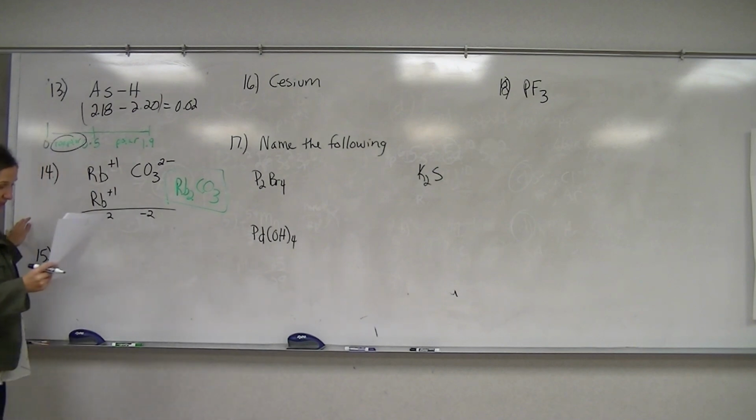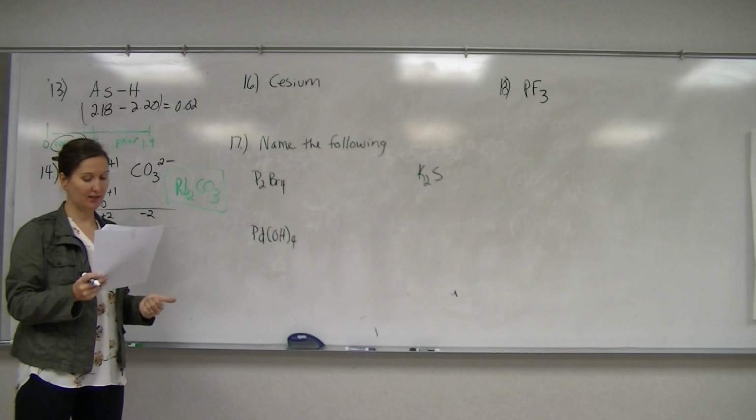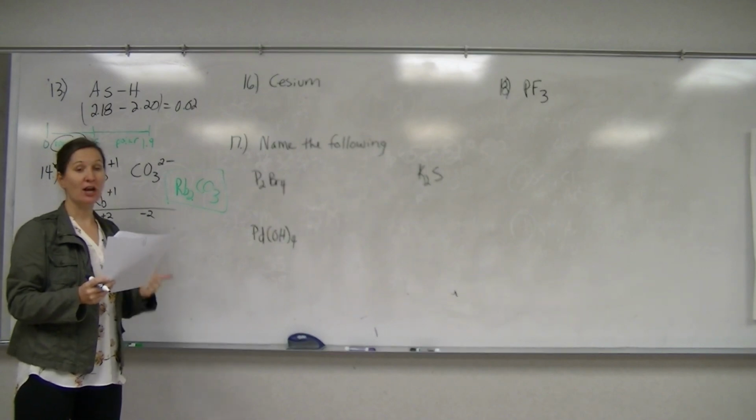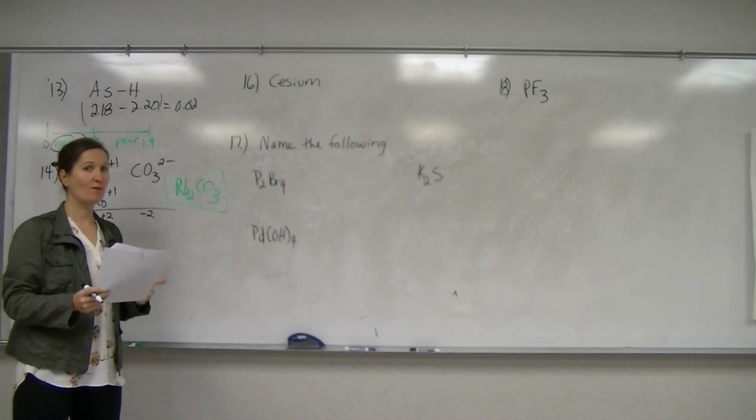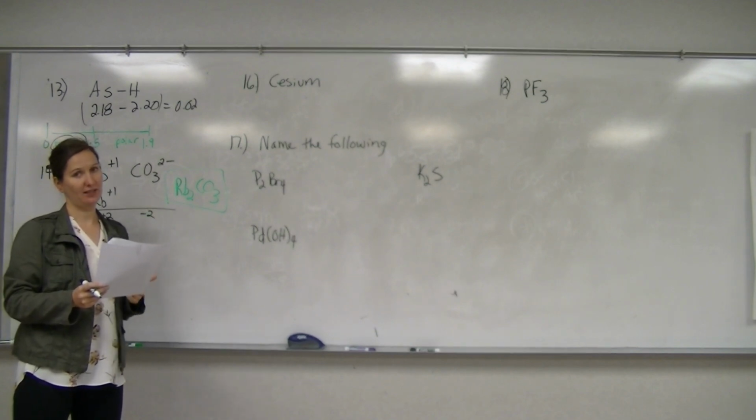Now for number 15, this is just asking about bond types. A blank bond is a bond where atoms share electrons unequally. So they're sharing electrons, so I know it's going to be a covalent bond. But notice it also says they're sharing them unequally.